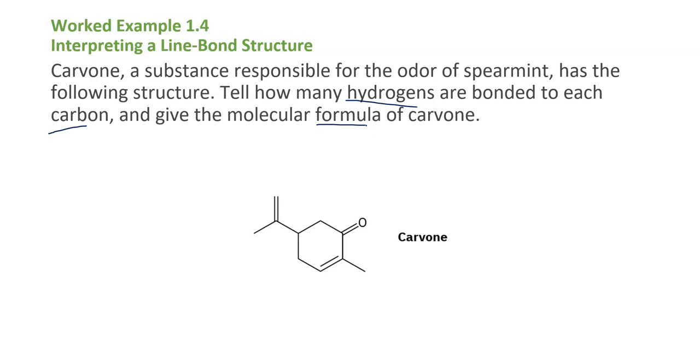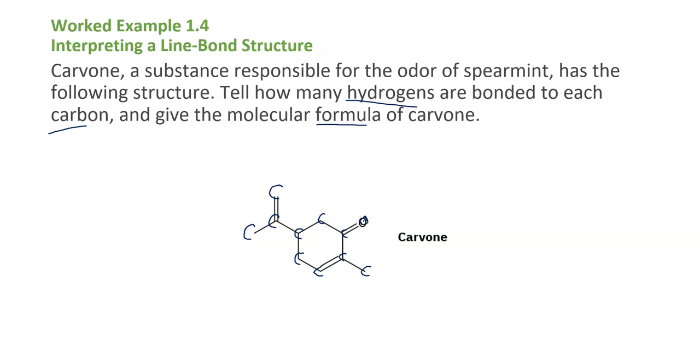Every point on this structure that is an intersection or a terminal line is a carbon. So I have 1 carbon here and then 1 carbon there. That carbon is double bonded to another carbon. This carbon right here is a carbon with 3 bonds. Carbon, carbon, carbon. Every point is a carbon, unless it's specifically something else like this oxygen.